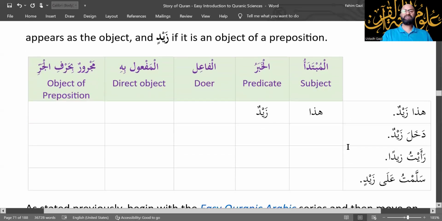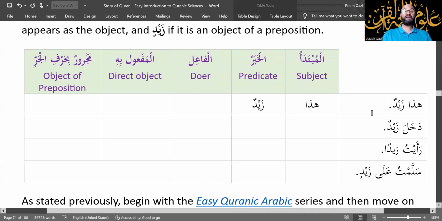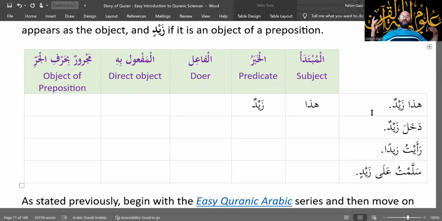Let's look at this table in which we will break down sentences, Arabic sentences, okay? We'll take simple examples. We'll take 4 simple examples in which the first example says, Hada Zaydun, which is a nominal sentence, a sentence that has nouns only, no verbs.